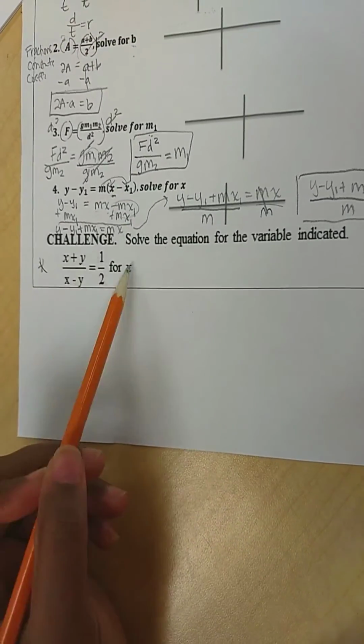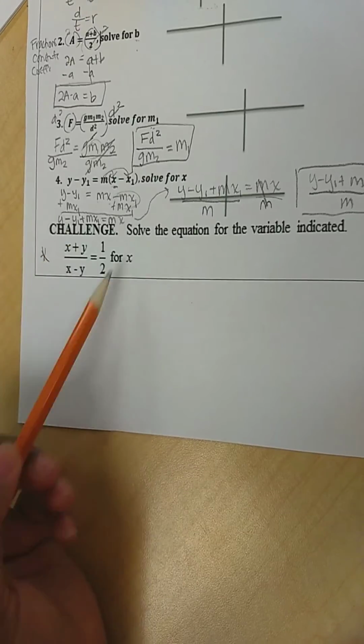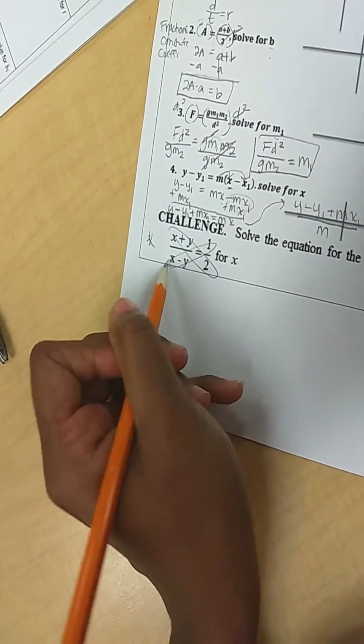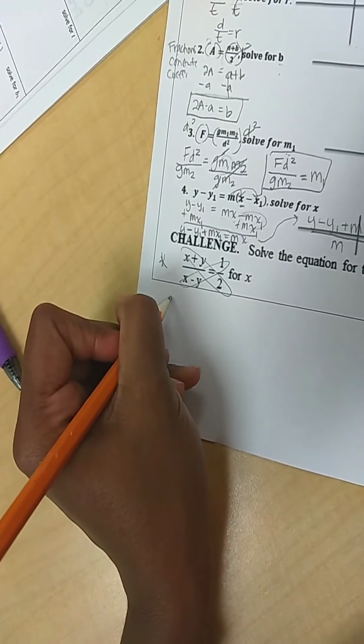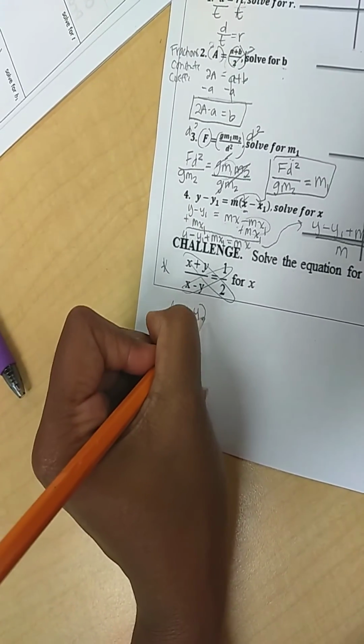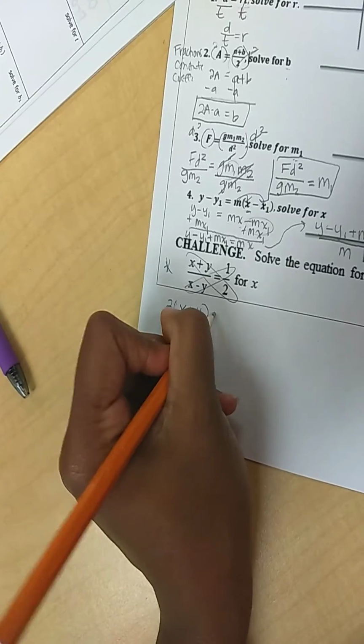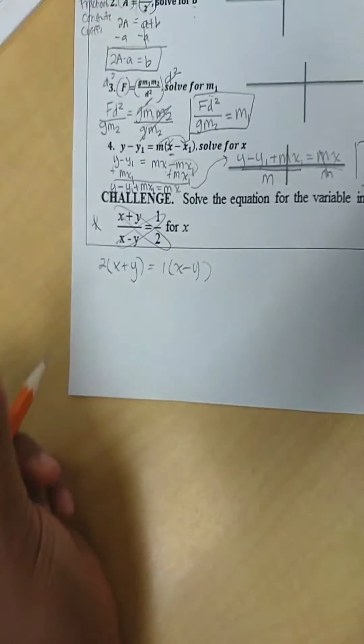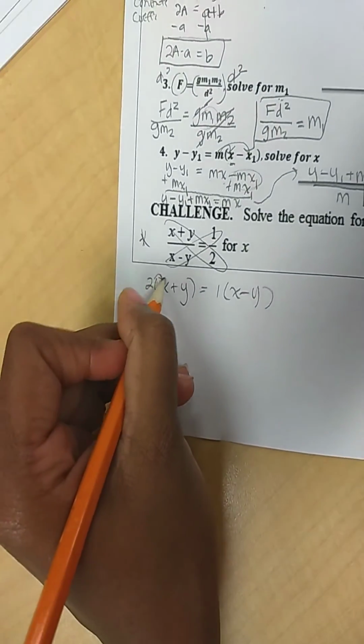So here I'm solving for x. This looks a lot like a proportion, so I'm going to use my cross products. So x plus y times 2 equals x minus y. I'm going to distribute.